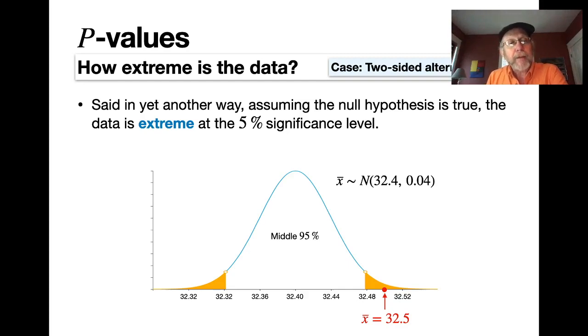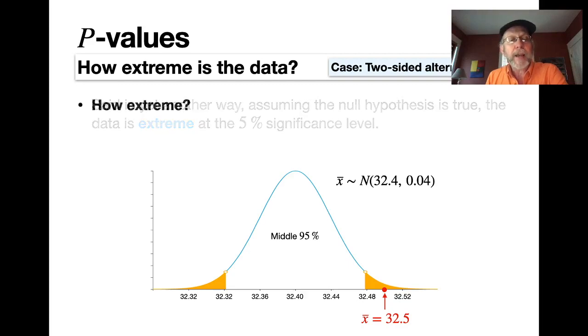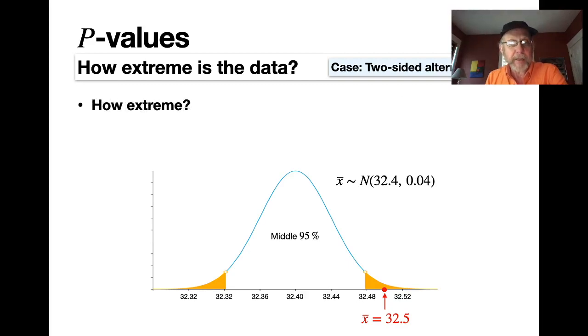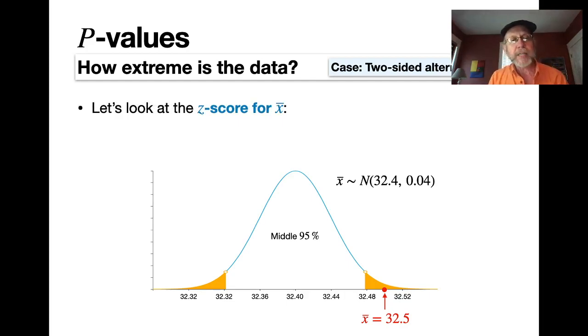If we want to think about the idea of the data being extreme, it's natural to ask, how extreme is the data? Can we measure that? And a good way to do this, it turns out, is to look at the z-score for the data. In other words, the z-score for x bar. Now, let's think about that for just a minute.